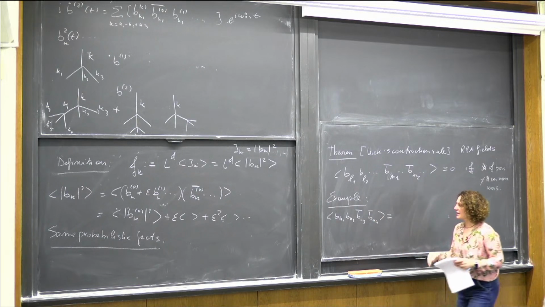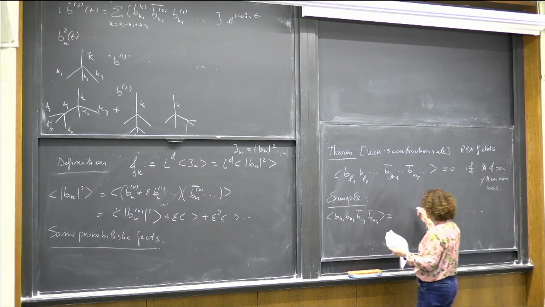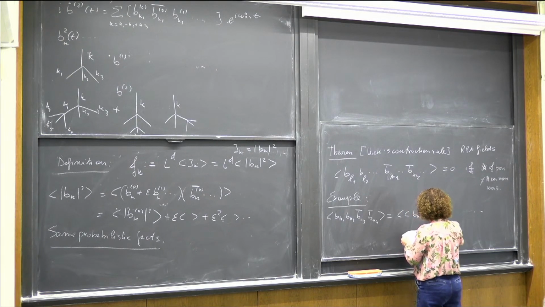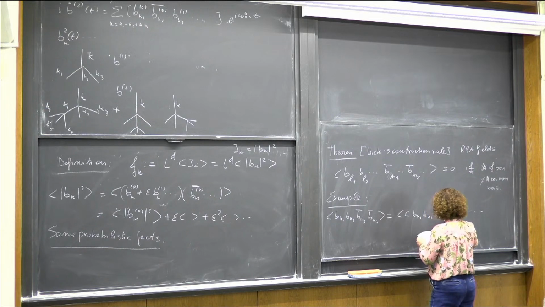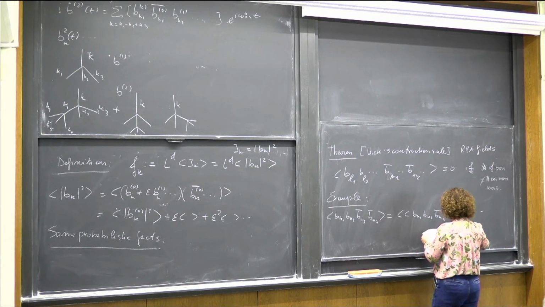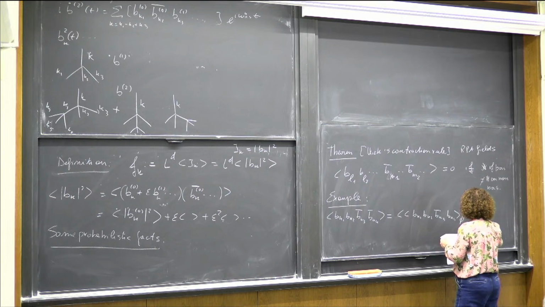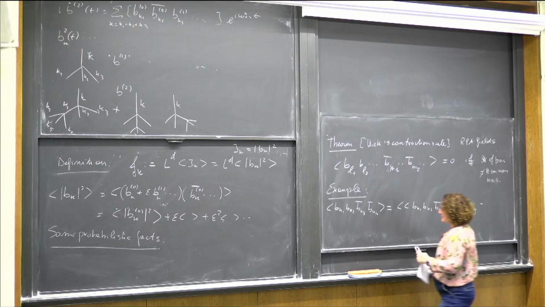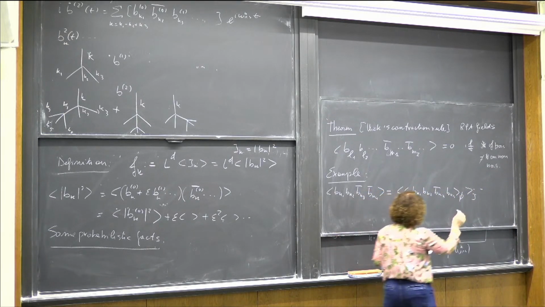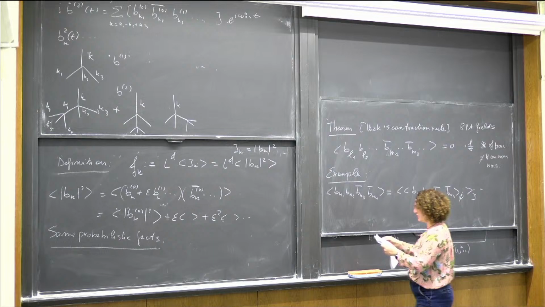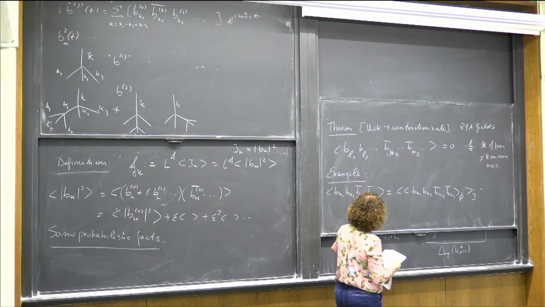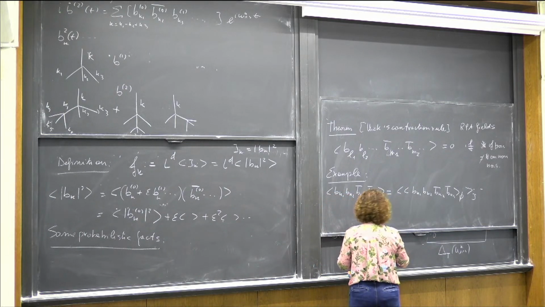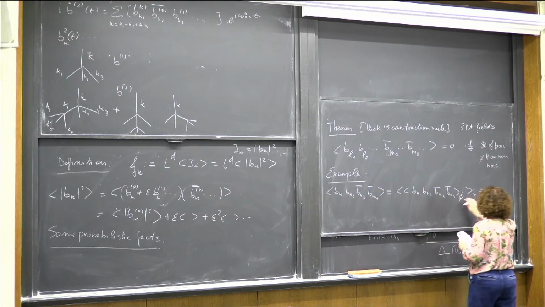Each one of these has an amplitude and a phase, and they are independent, so let's separate them: D_k1, D_k2, D_k3 bar, D_k4. First I'm going to do the phase, and then the amplitude. This is the case in which it's not zero. Now this separates because they are independent.